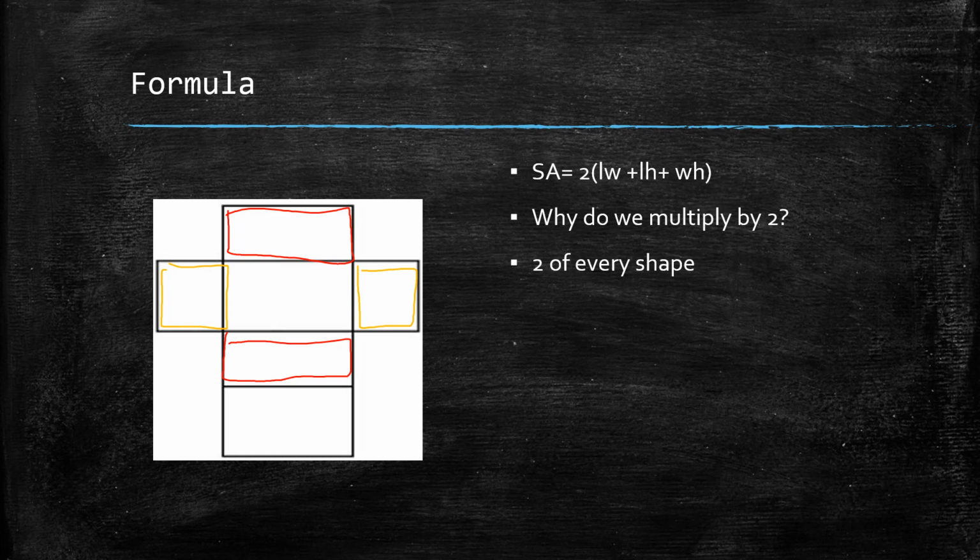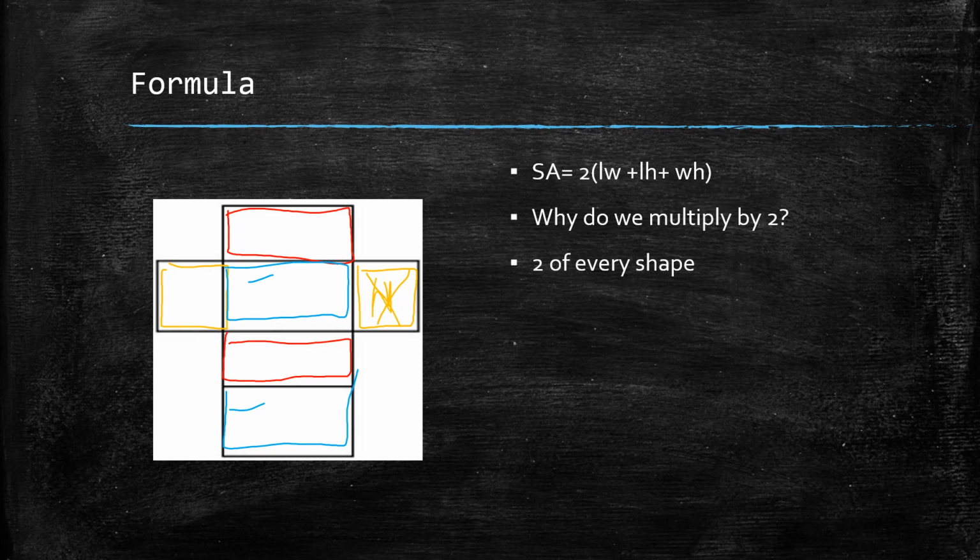And then your last two here in the middle, and then this one, that would be like the bottom and the top. Those are the same size. So what you're really doing is you're going to find the area of each rectangle, and then you're going to add it together.